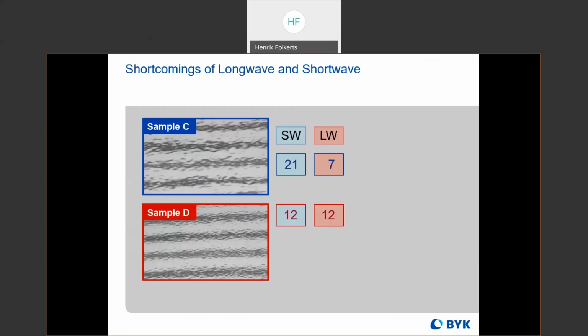But it does look pretty different than the sample up top. So it was concluded after the first generation of WaveScan instruments that short wave and long wave weren't really enough. We need to resolve more categories of structure sizes in order to better assess our samples, assess our products.